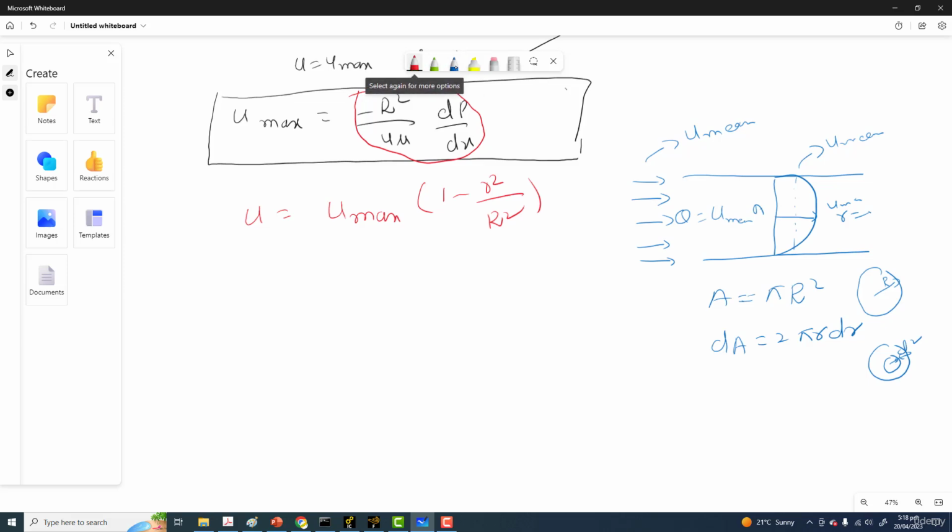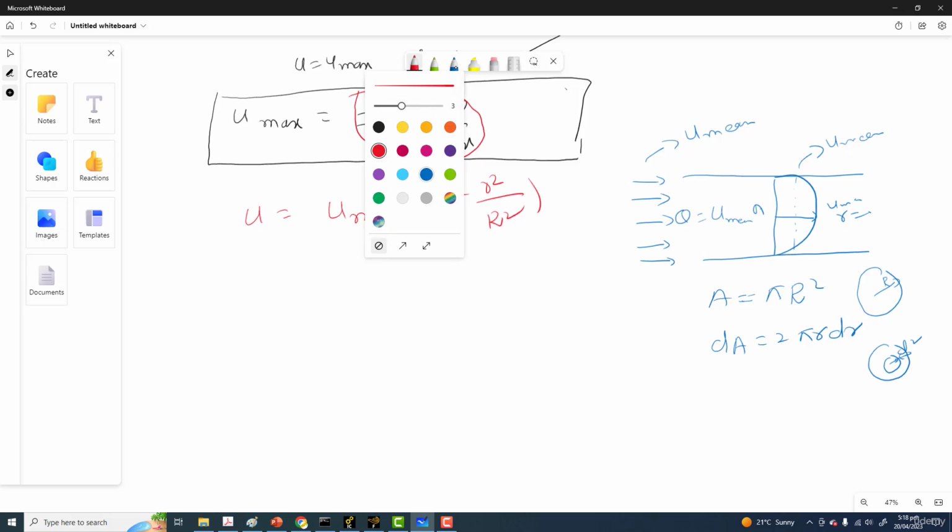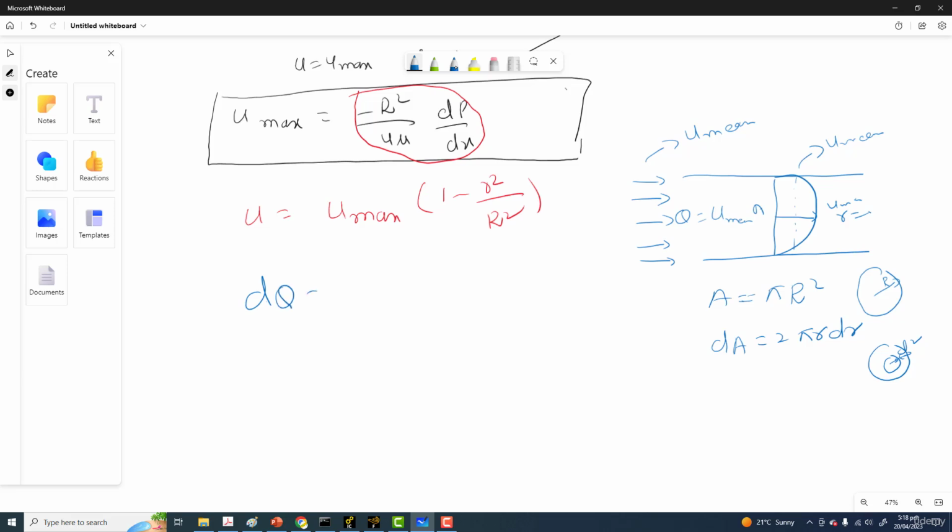So now I have to determine the value of U maximum in terms of the U mean. I can find out the U mean as equal to Q divided by A. But we know that dQ will be equal to U as a function of r into dA.